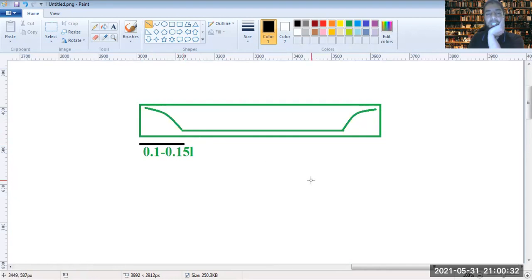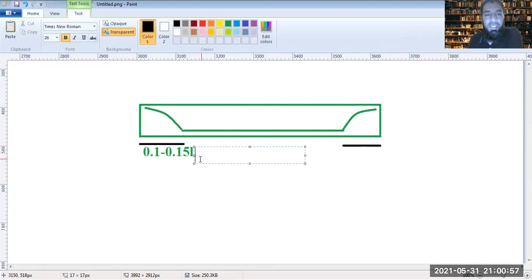You could start the cranking up or the bending up of the bars. Similarly, on this side, it will be 0.1 to 0.15 from the face of the support, or not from the face of the support, from the face of the column, sorry, of the slab. From the face of the slab, you are cranking it up at 0.1 to 0.15 of L. L is the effective length here. So you can say it's Le.